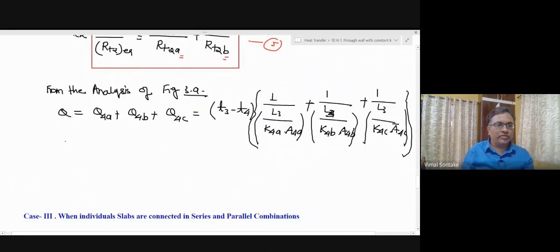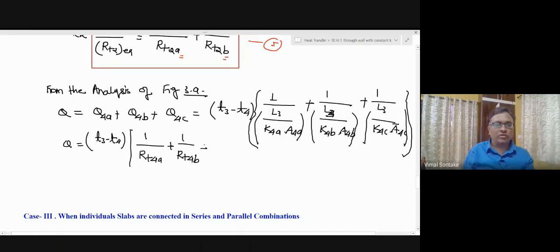So writing in terms of thermal resistances, T3 minus T4 into 1 over RT4A plus 1 over RT4B plus 1 over RT4C. Okay, or Q is equal to T3 minus T4 over RT4 equivalent.